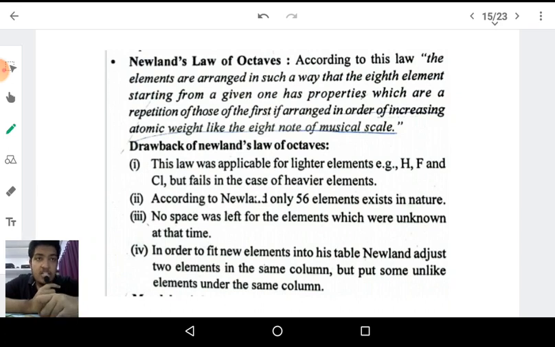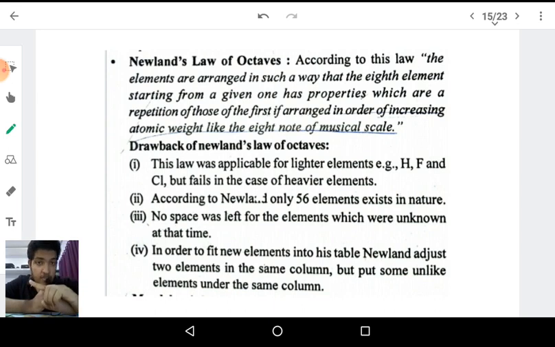Now, what is Newland's law of octaves? According to this law, the elements are arranged in such a way that the eighth element starting from a given one has properties which are a repetition of the first, if arranged in increasing atomic weight, like the eighth note of a musical scale. So we know that the musical scale consists of 8 notes: sa, re, ga, ma, pa, dha, ni, and sa.